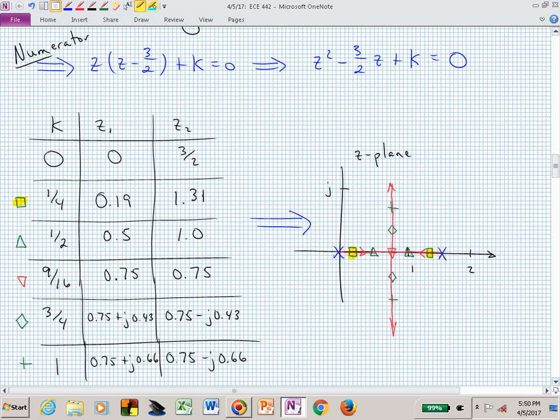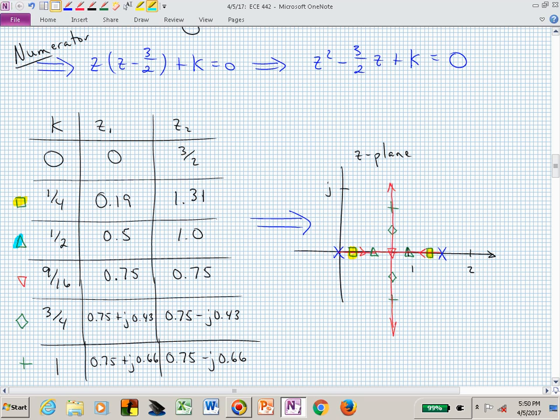What happens when I'm at the triangle? Now I'm at the triangle. I've cranked up my k to 1/2. If k is now 1/2, and I do the quadratic formula, I end up with one of my roots being 1/2 and the other root being at 1.